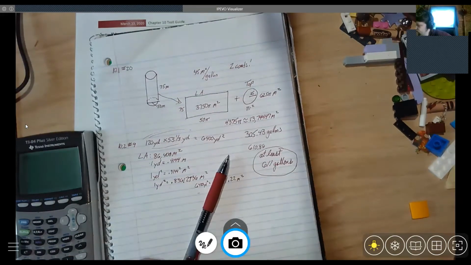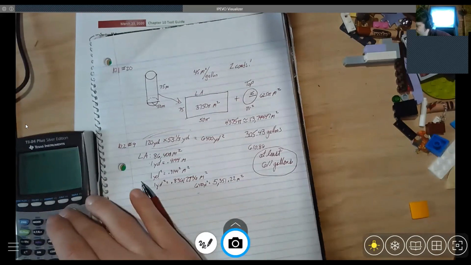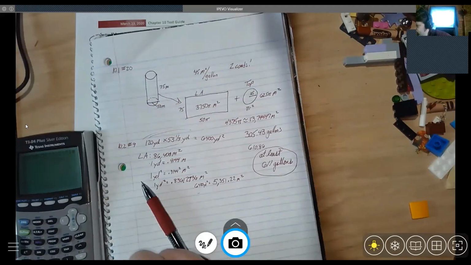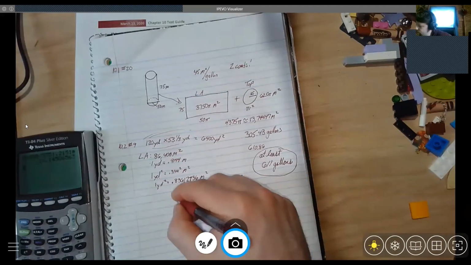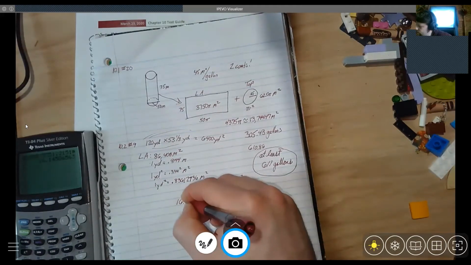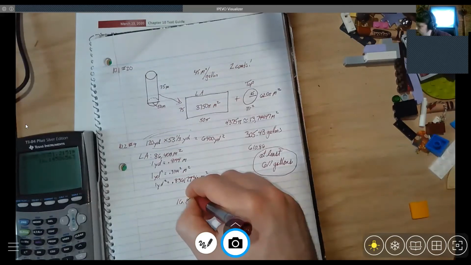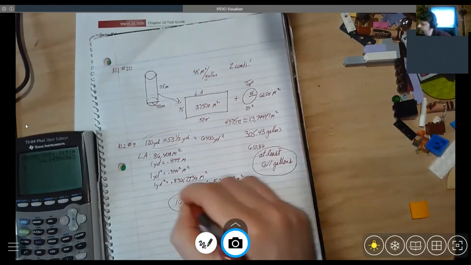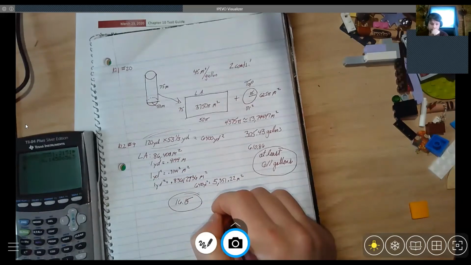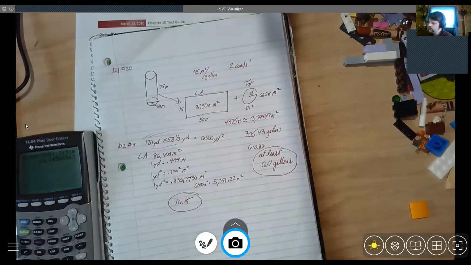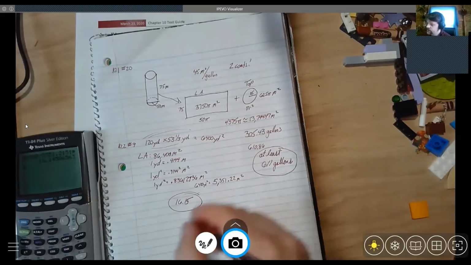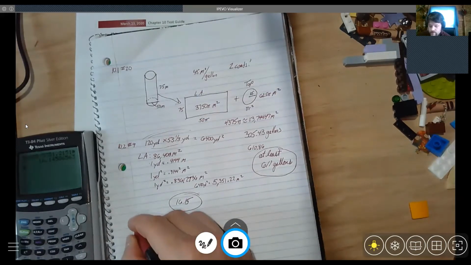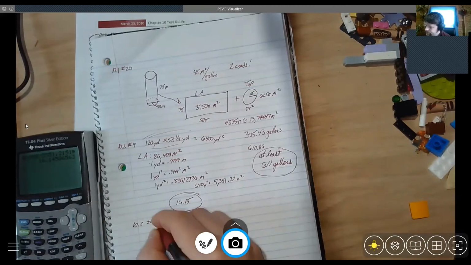We take 86,400 divided by our 5,351 number, and we get 16.15. So about 16.